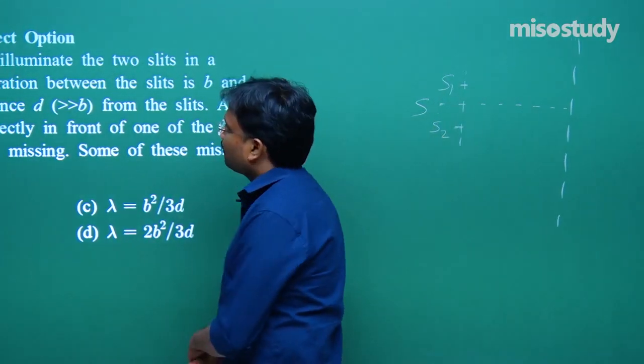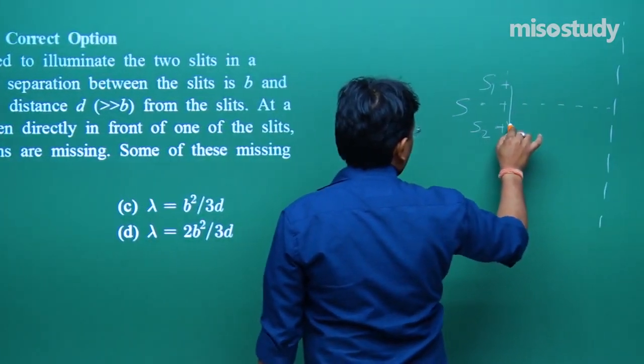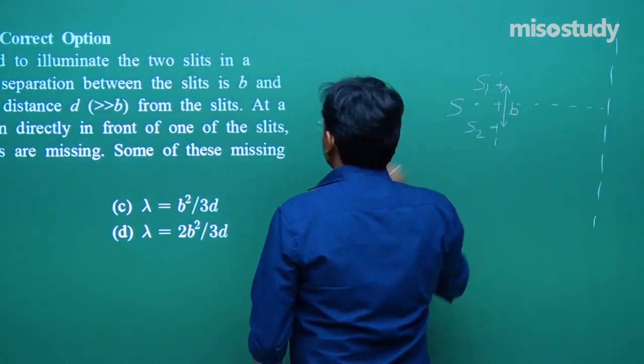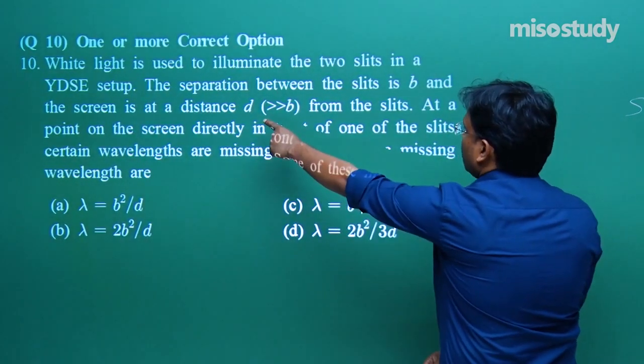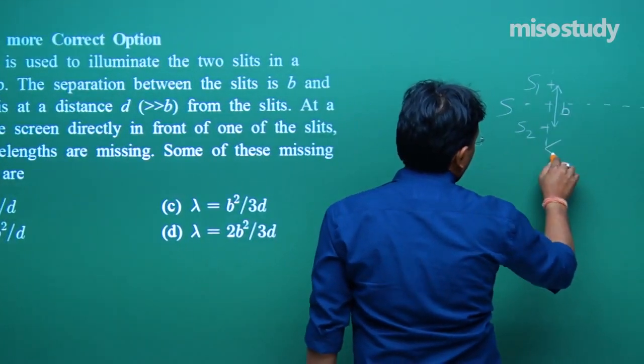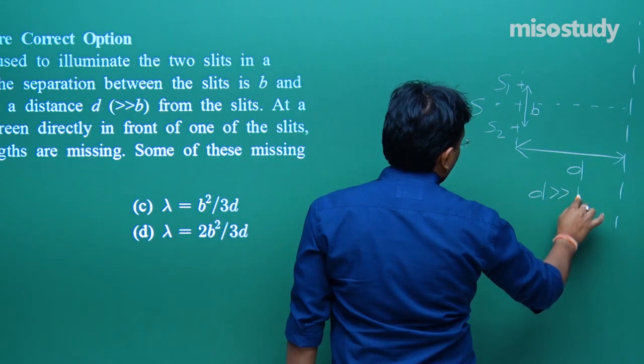Fine, symbolic diagram. The separation between the slits is b, and the screen is at a distance small d. Small d is very, very greater than b.